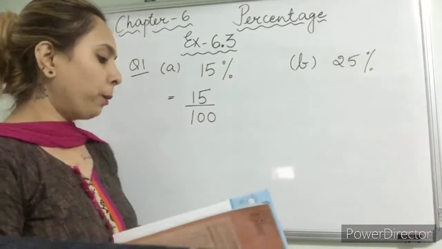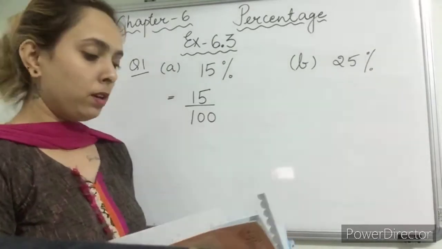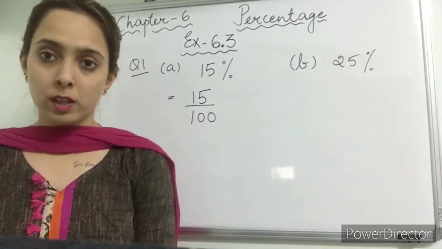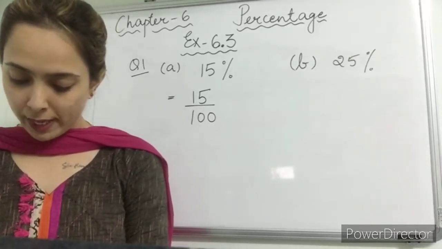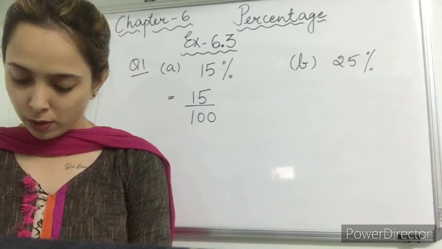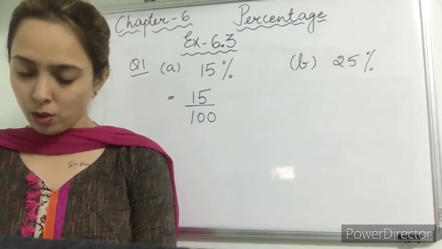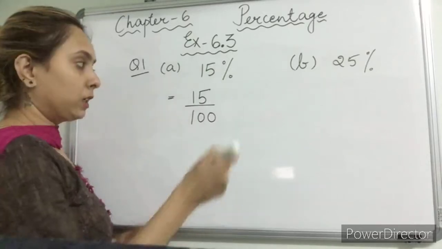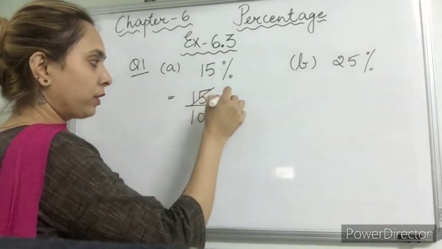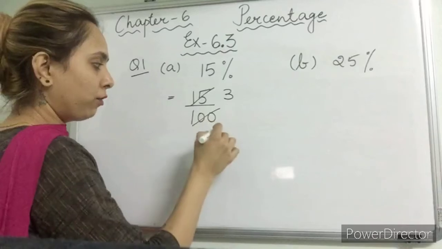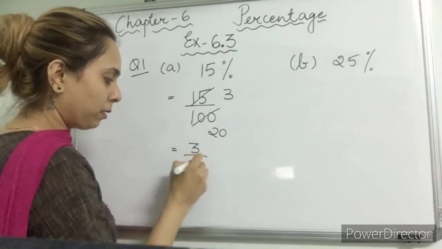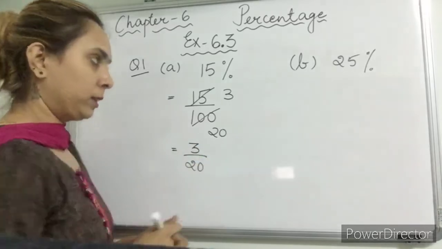If numerator and denominator are divisible by the same table, you can reduce it into their lowest form. So 15 upon 100: 5 3s are 15, 5 20s are 100. So your final answer is 3 upon 20.